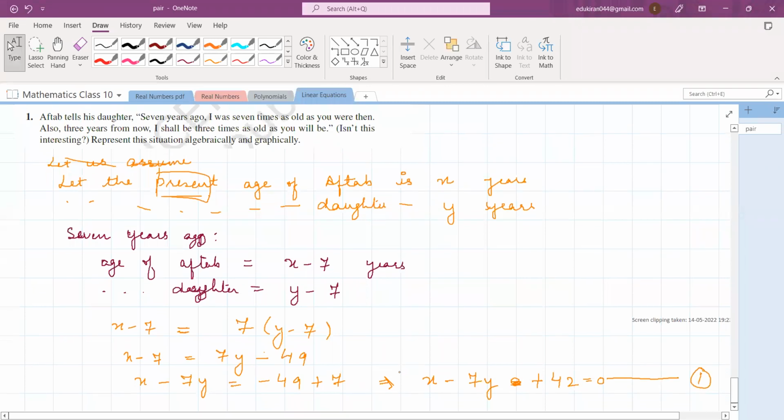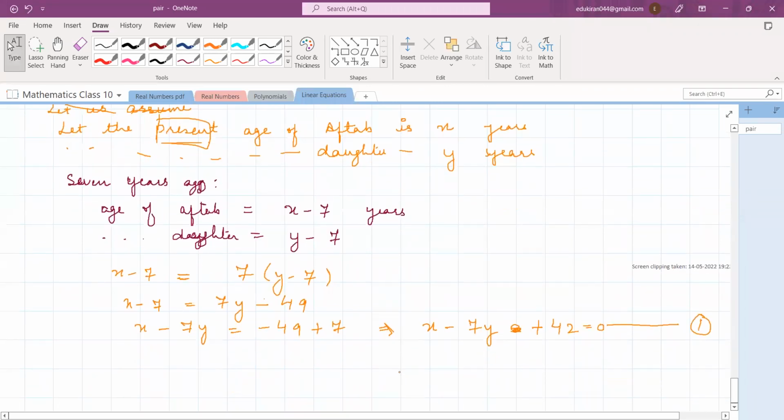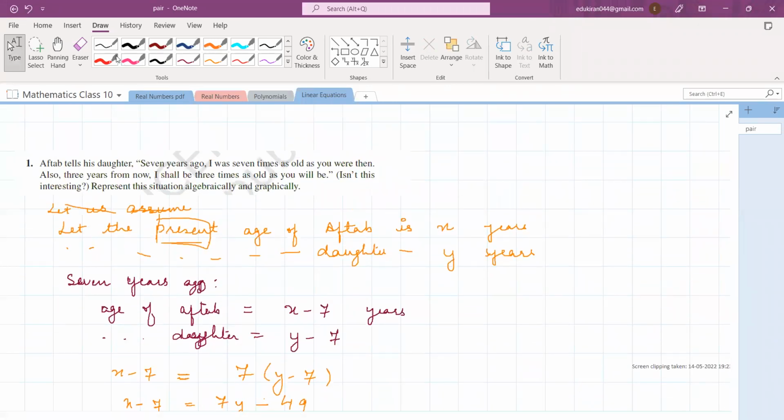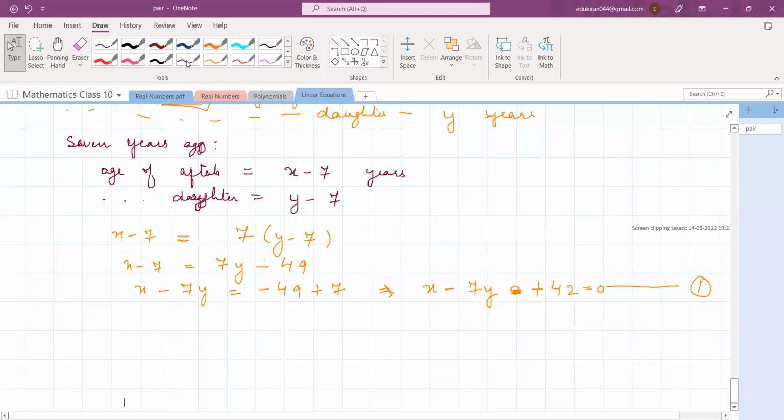Okay. Now come to the second condition here. Now, what is the second one? 3 years from now. That means after 3 years, he's talking. So first of all, let us write down the ages after 3 years.